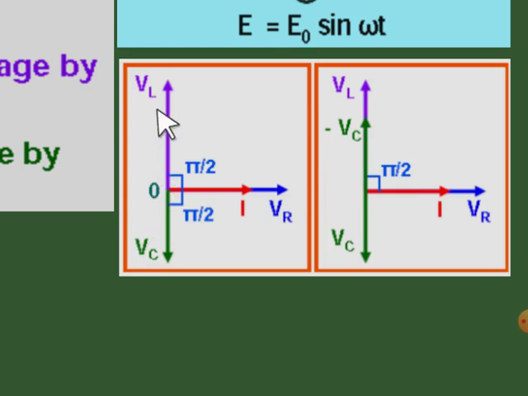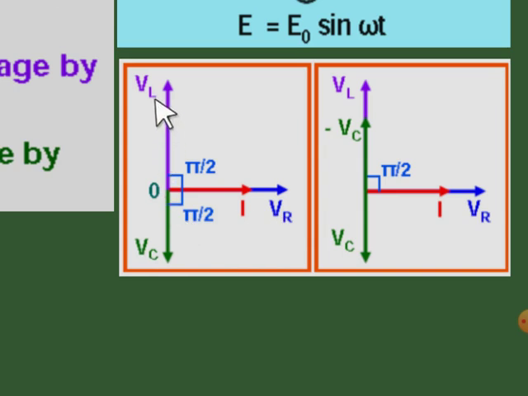VL and VC depend on the angular frequency ω of the AC source. In some cases ωL is greater than ωC, and for some values of ω, VC may be greater than VL. Here we are taking the situation where VL is greater than VC.